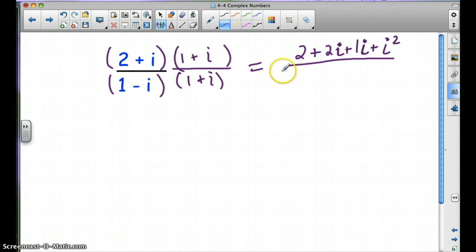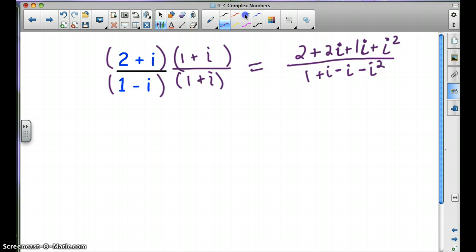And on the bottom, we end up with 1 plus i, minus i, and then we have minus i squared. And that's because we FOILed. So take a moment, make sure you understand where I got all those imaginary numbers.